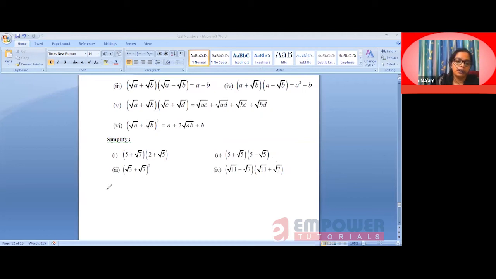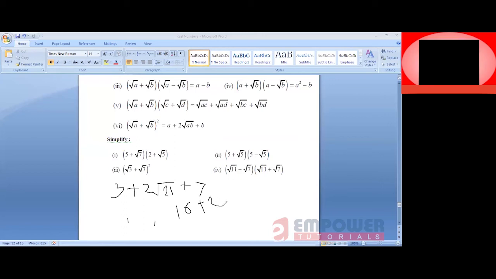What about this? So here root 3 square will be 3 plus 2 into root 3 into 7. So this will be 2 root 21, right? And plus square of root 7 will be 7. So this will be 10 plus 2 root 21, right?